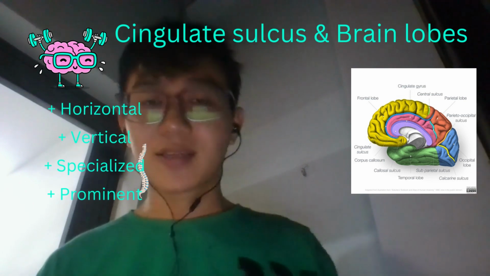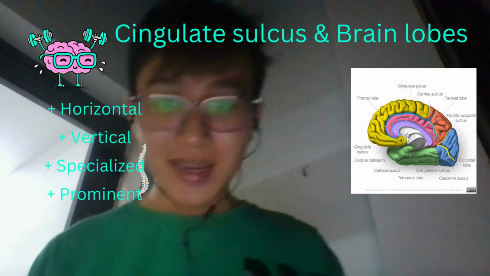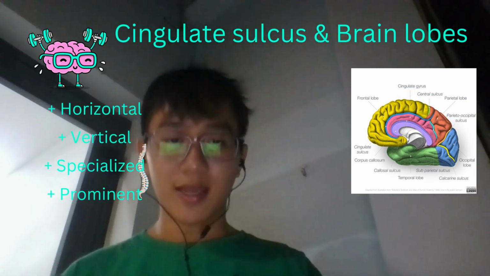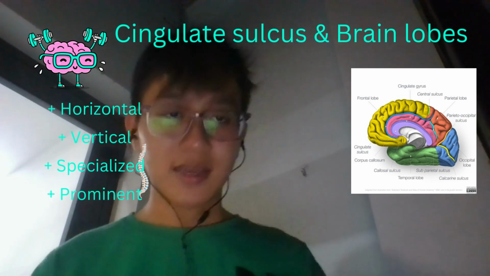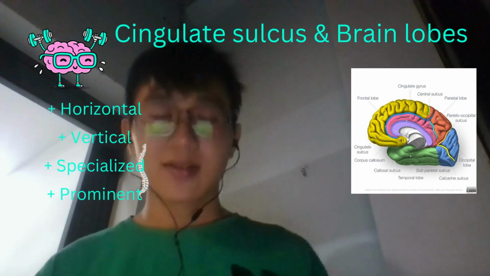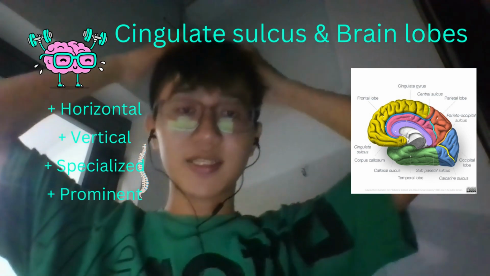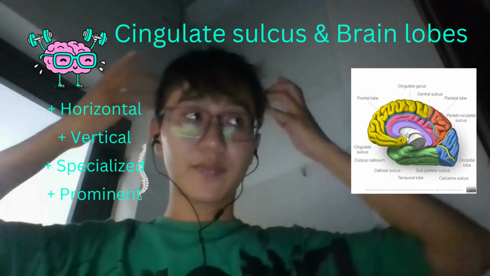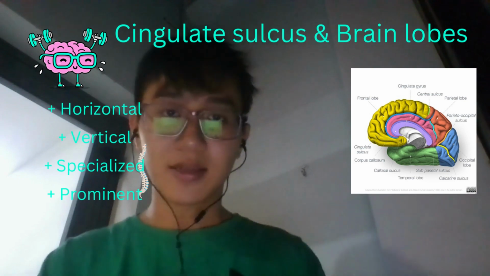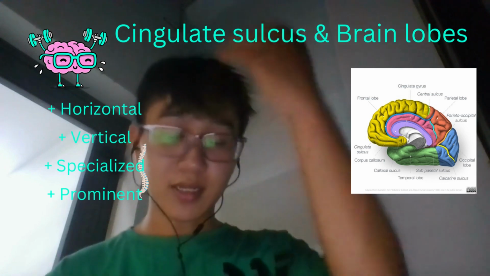I found something interesting here: the central sulcus is located horizontally, separating the regions, and the cingulate sulcus follows a separation in the other direction.